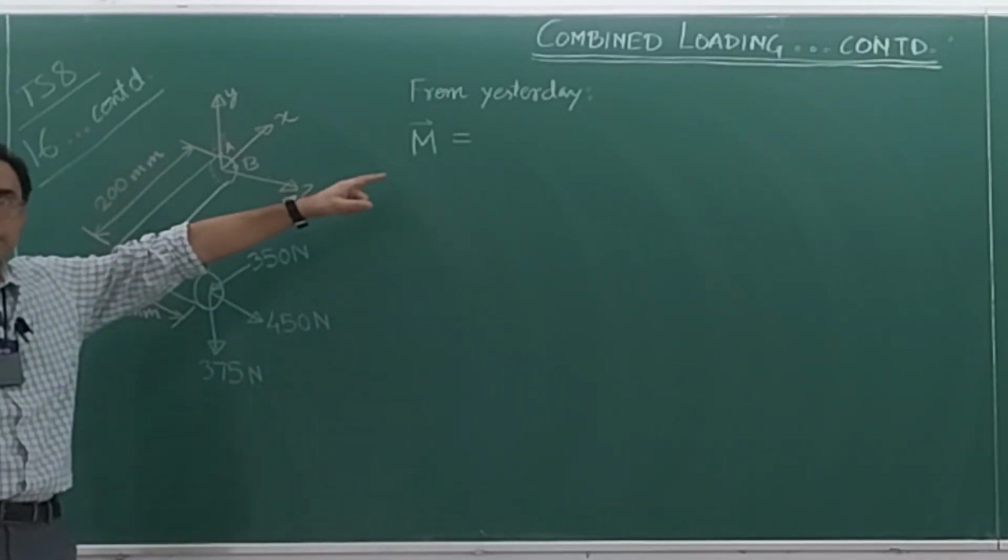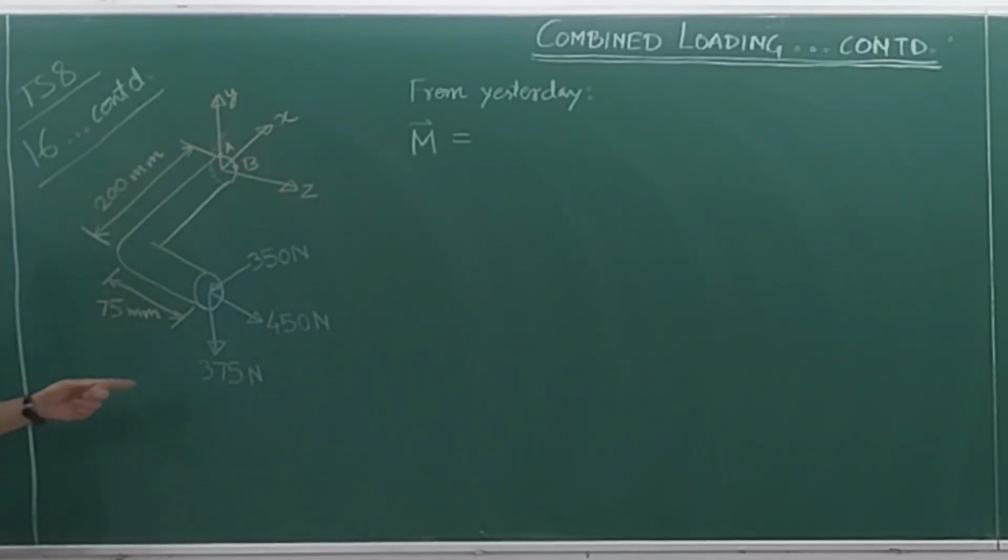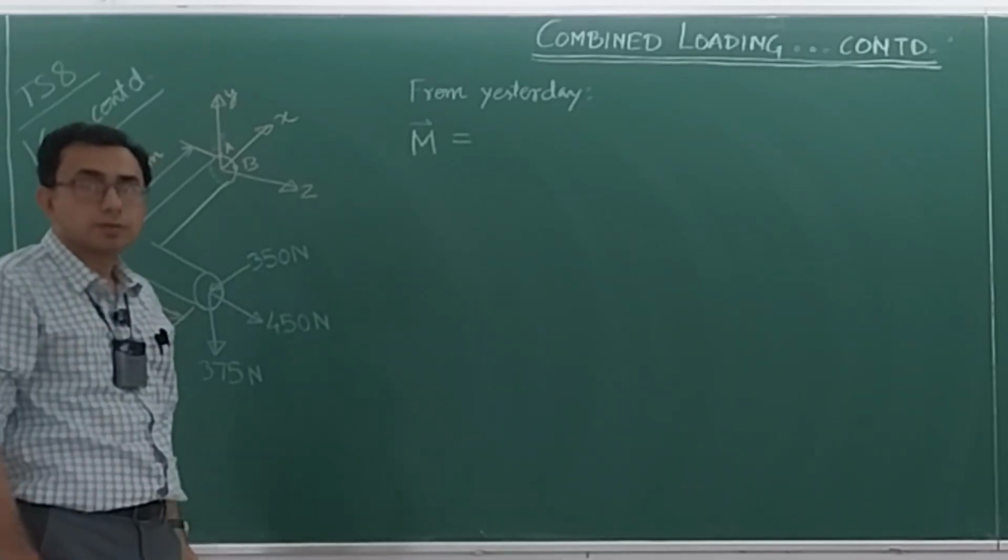This is the moment vector which is balancing the moment due to these forces with respect to this point. You first find the moment of these forces with respect to this point, and whatever will be the counterbalancing moment over that cross section which is exposed, that is what I am writing here. So tell me the values.